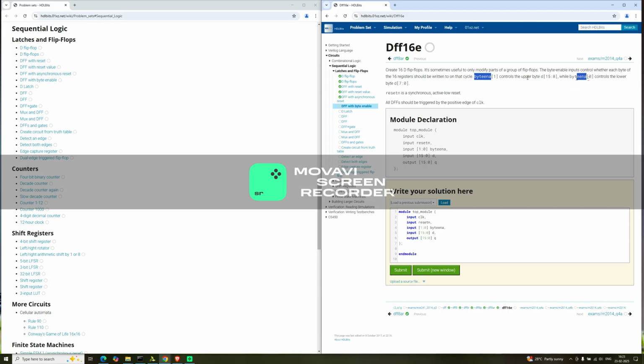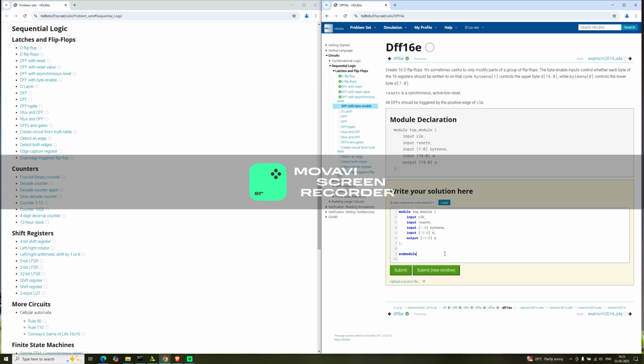When byte enable is 0, the lower byte of D will be transferred. If both are 0, then none of them will be transferred. If both are 1, then all 16 bits of D will be transferred to Q.